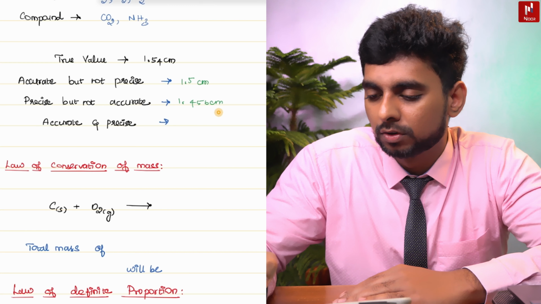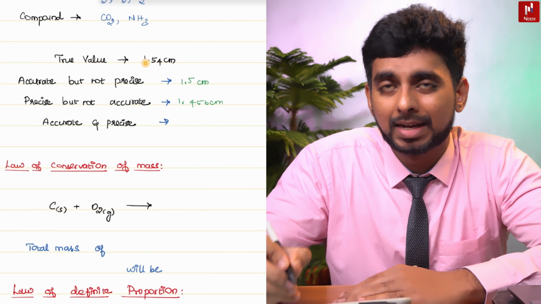You should get the notion and idea that I'm telling you. The actual answer was 1.54. He didn't even find the first decimal place correct, but he resolved it to two more extra decimal places. If that was the case, then obviously he has a good instrument to measure it, but the problem is he measured it not accurately. Okay, so here it is precise but it is not accurate, so it should be clear.